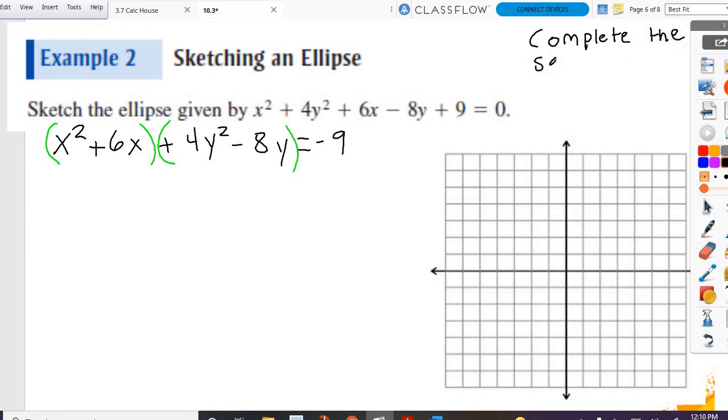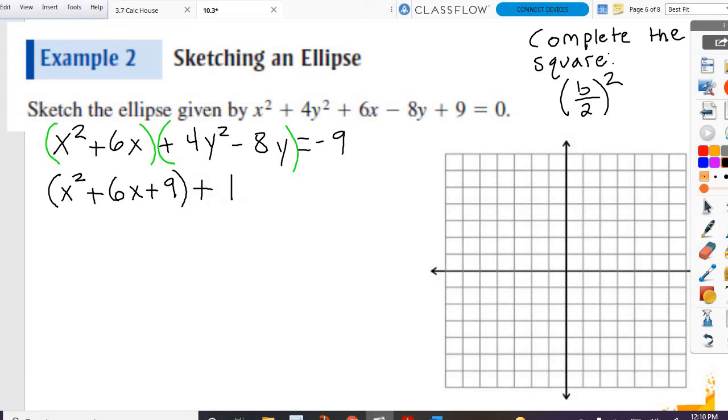So remember, it is b divided by 2 squared. So for our x values, what is our b? 6. So 6 divided by 2 gives us 3. 3 squared gives us 9. Now, the only problem with our y stuff is, remember, we're only allowed to complete the square if our a value is 1. So what do we need to do with that? Factor it out.